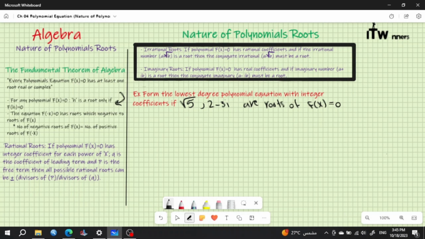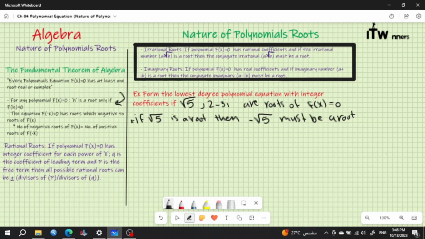from the irrational roots and the imaginary roots, we have to say if square root of 5 is a root, then negative square root of 5 must be a root.